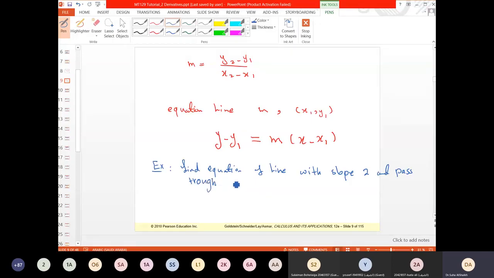It passes through the point, let's say (-1, 3). This is the question. They want me to find the equation of the line. This is the equation of the line if I have a point and I have the slope.